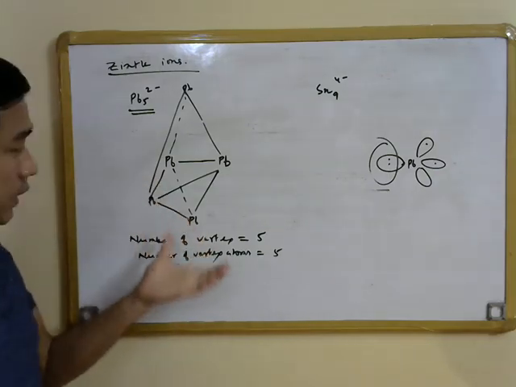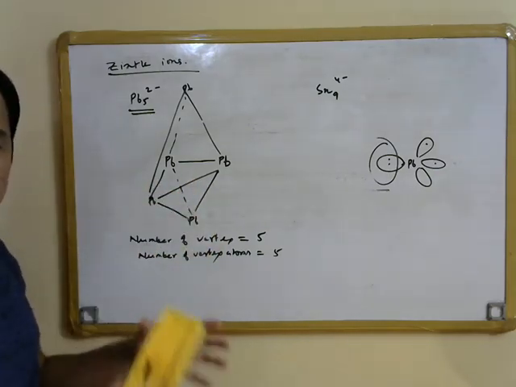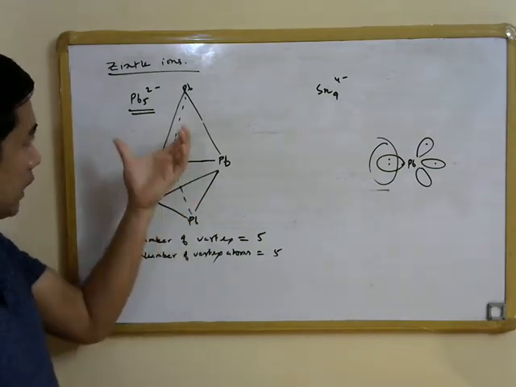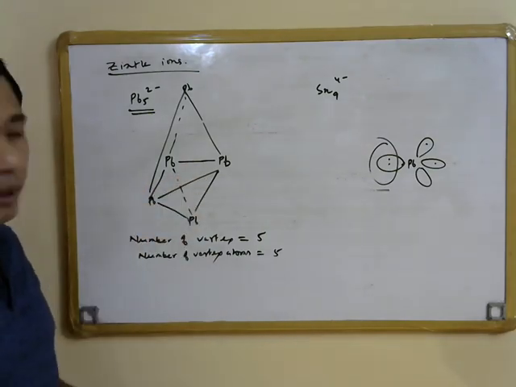It has a closo structure and is trigonal bipyramidal. The lead atoms are essentially placed at the vertices of a trigonal bipyramid.